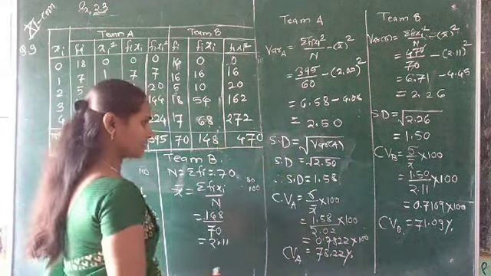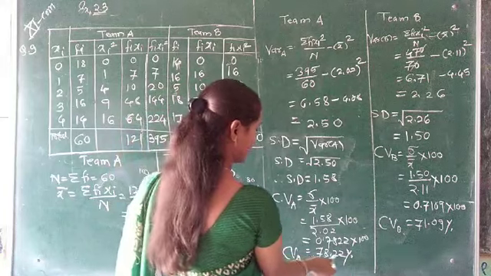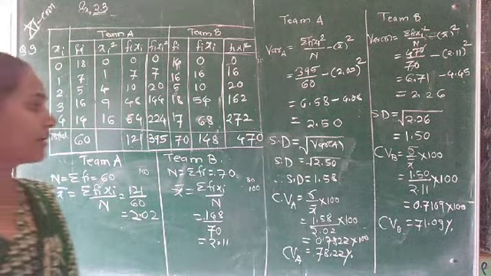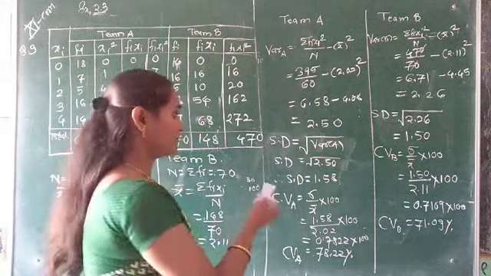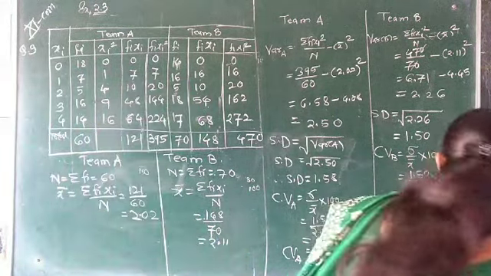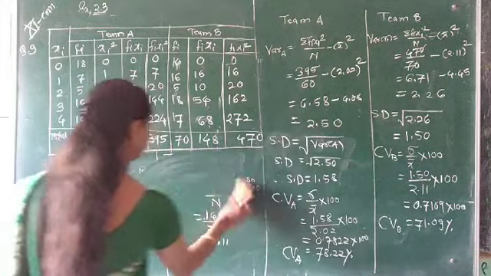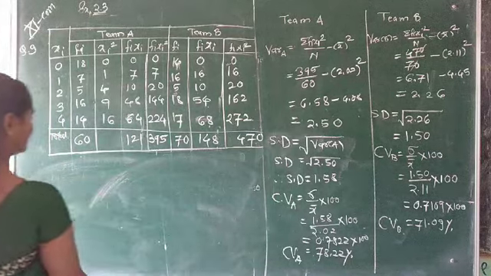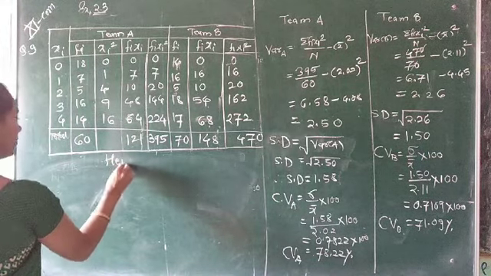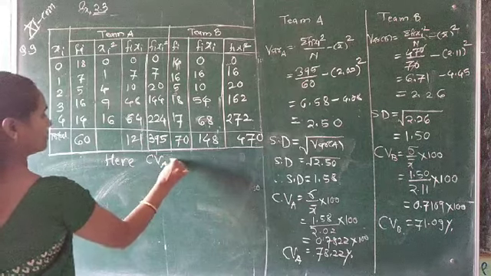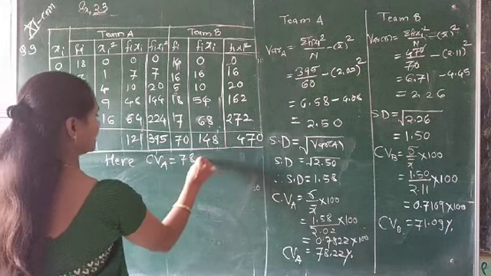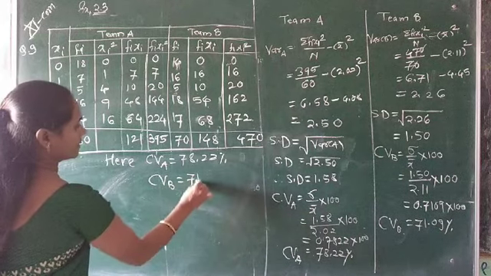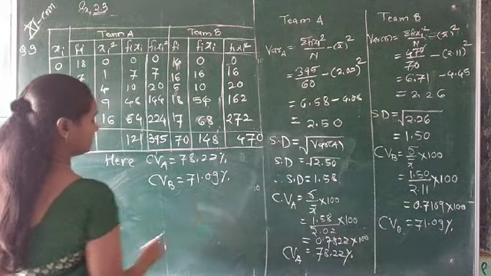So see, the CV of team A is 78.22% and CV of team B is 71.09%. So if we compare these two CVs, here CV of team A is 78.2% and the CV of team B is 71.09%.